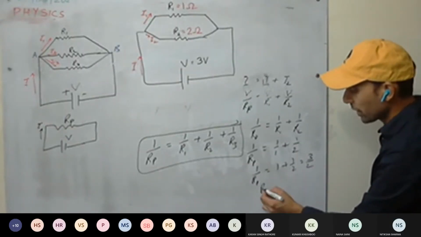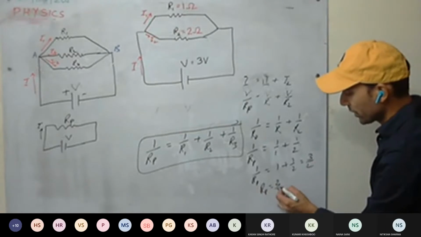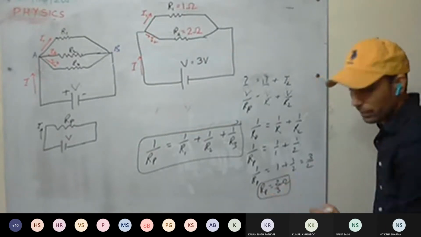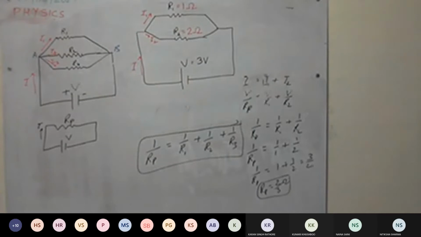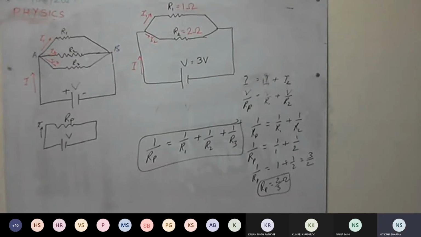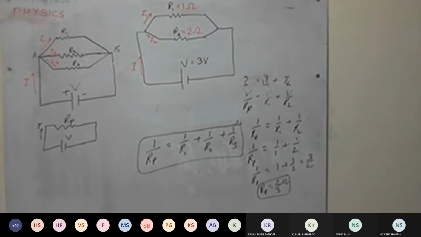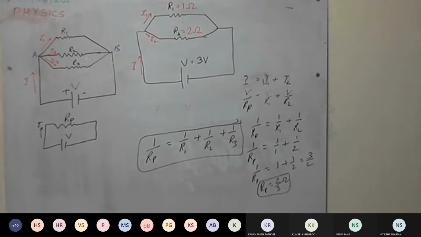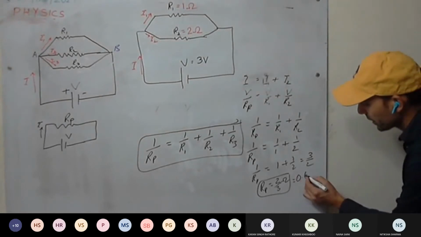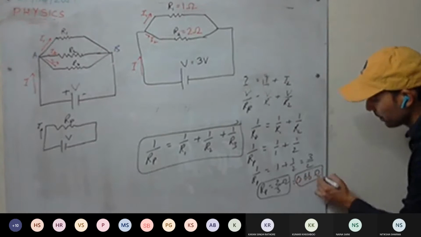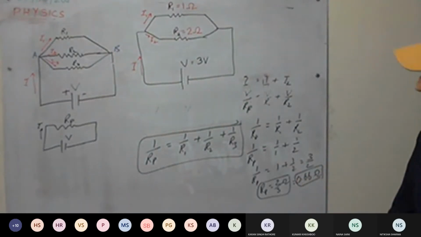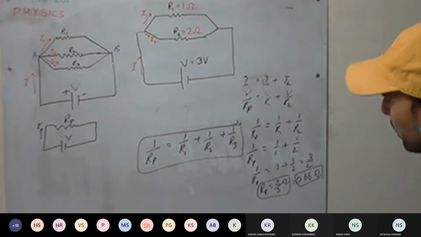RP will be the reciprocal, 2 by 3 ohm, which is about 0.66 ohm.